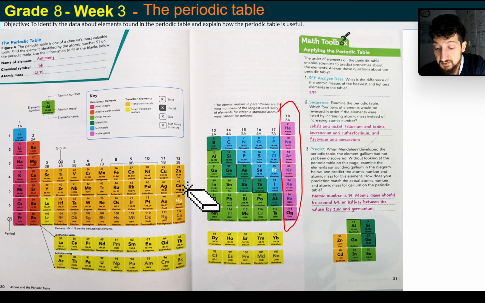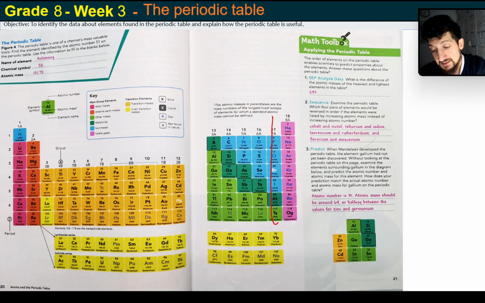This here is a group, for example, in pink. This group is known as the noble gases. Then we've got another group over here, known as the halogens. Here we've got the oxygen group. Why is it called the oxygen group? Because it starts with oxygen. What kind of group is this? What does it start with? Nitrogen, so it's called the nitrogen group. We've got the carbon group, and the boron group.